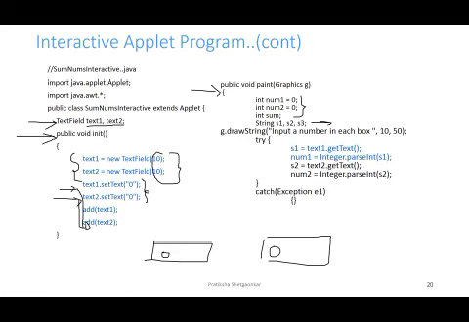Now remember that the numbers which the user is going to enter in these text boxes are in the form of a string. Therefore they are retrieved as strings by using this getText method.